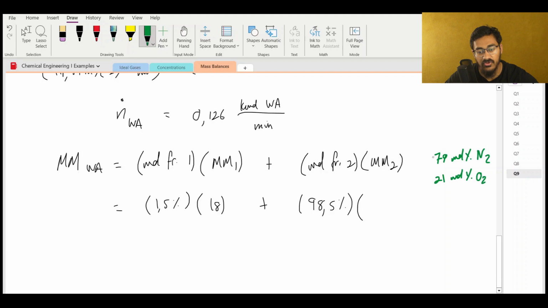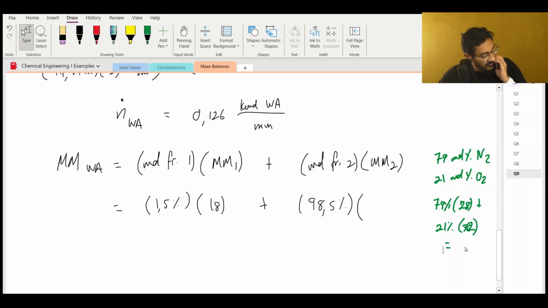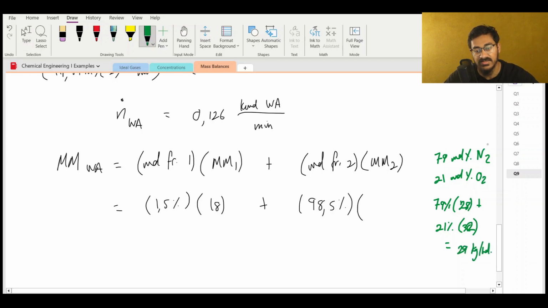So if you do the same formula here, 79% of 28 plus 21% of 32, that should give you an average molar mass of 29 kilograms per kilomole. That is how you calculate the molar mass of air.